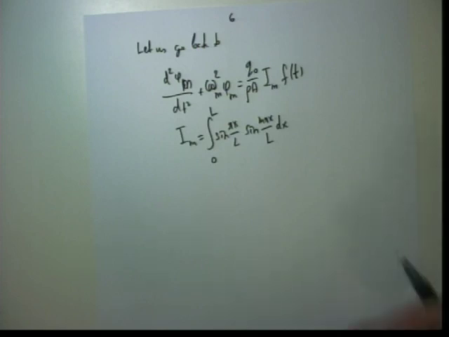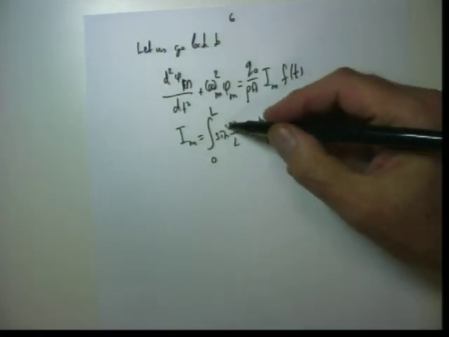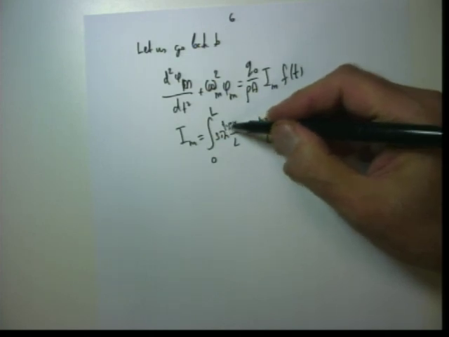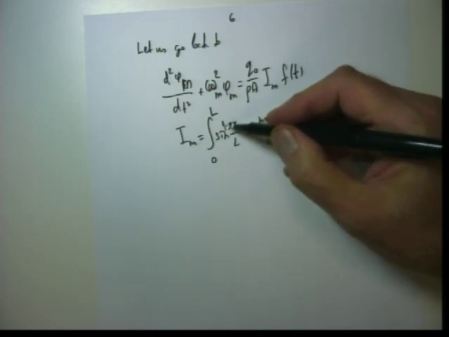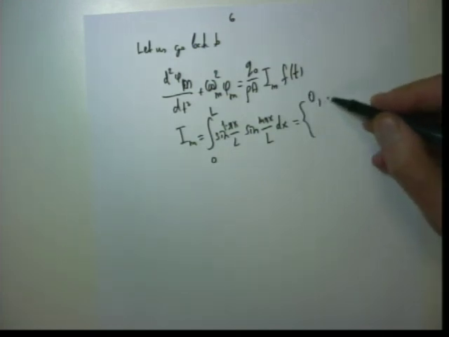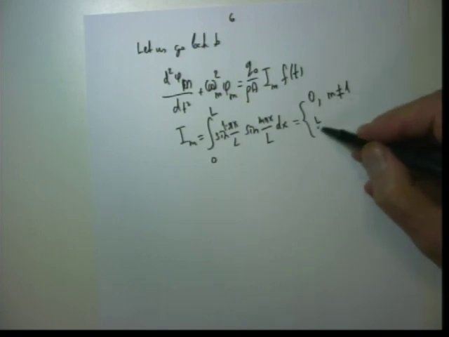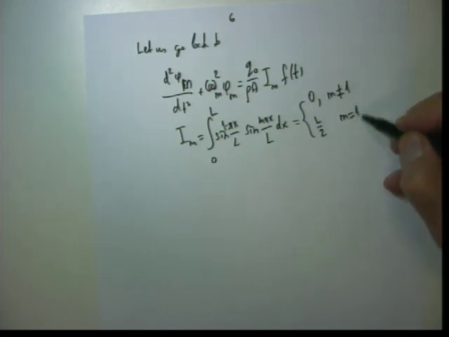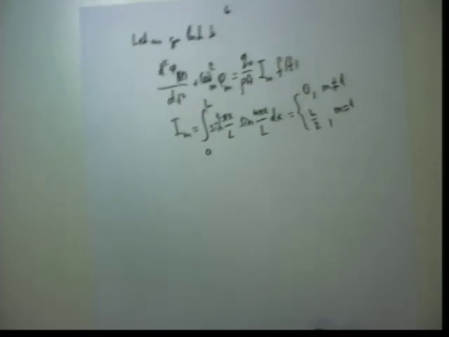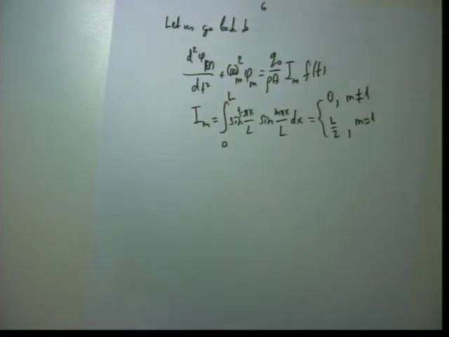Now, we just said before that if I have k pi x, and this k should equal m, but this k is 1, actually. There is 1 here. So this integral actually equals 0 if m does not equal 1, and equals L over 2 if m equals 1, in this case. So in the general case, you have infinite number of things. But in this particular case, that is what we have.